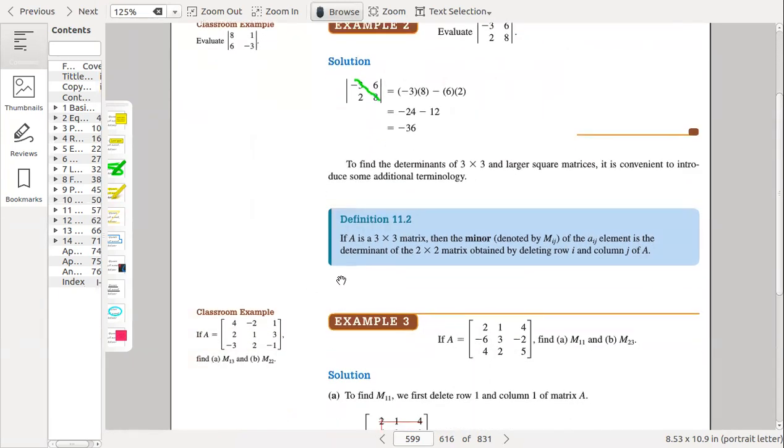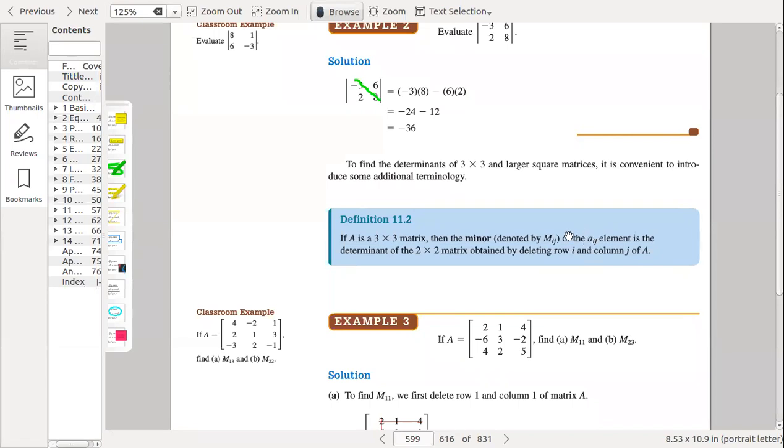If A is a 3 by 3 matrix, then the minor, denoted by Mij, of the entry Aij is the determinant of the 2 by 2 matrix obtained by deleting row I and column J of A. So we can revise: the minor is denoted by Mij for the entry Aij. It means each entry of the matrix has a minor.